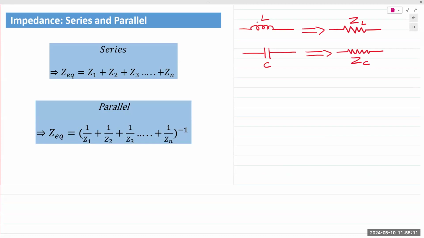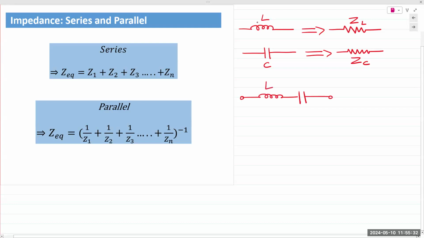Inductors and capacitors are separate components, but if you represent them as their impedances for AC analysis, you can combine them, because impedance is the exact same quantity. If you have an inductor and a capacitor in a DC circuit, there's not much you can do about that.